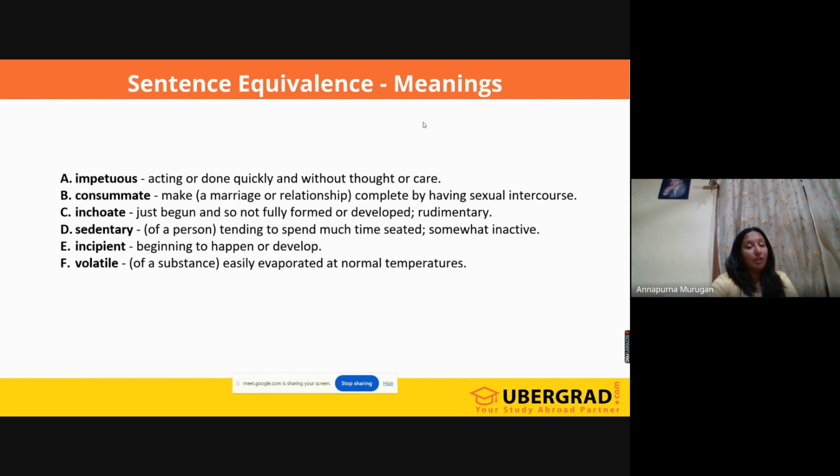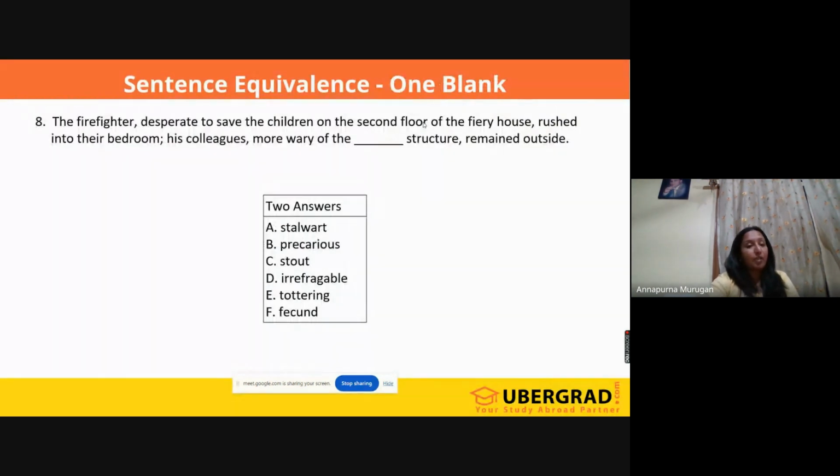Consummate is complete. So inchoate is just begun. Sedentary is having a very inactive state, and volatile is something impulsive also, that can easily evaporate.